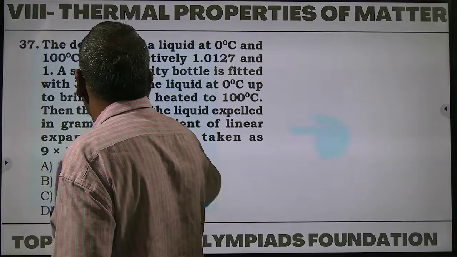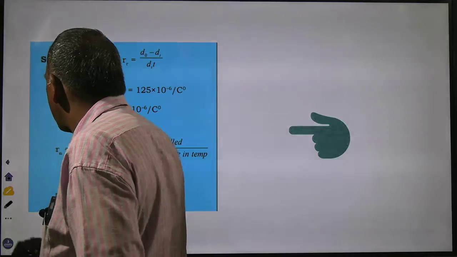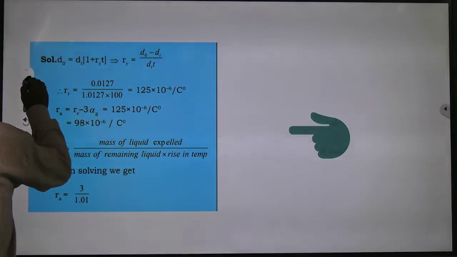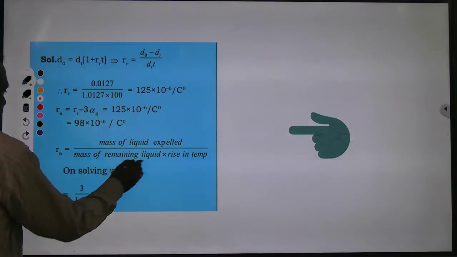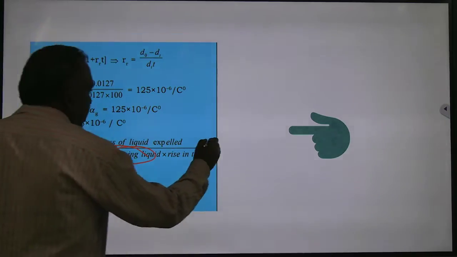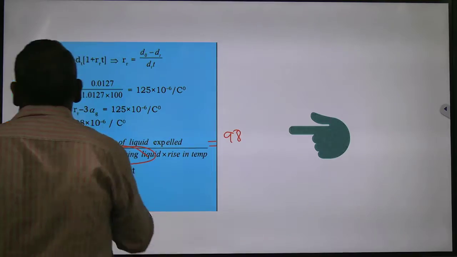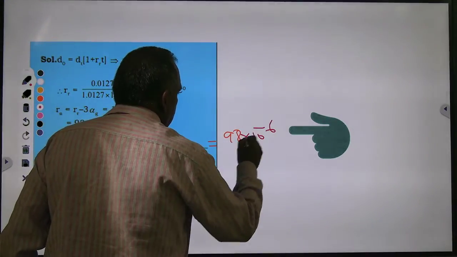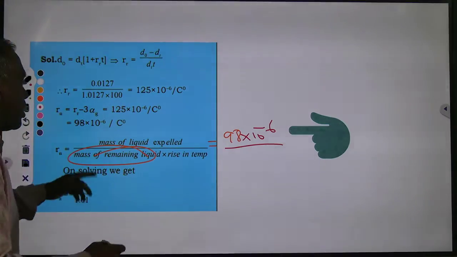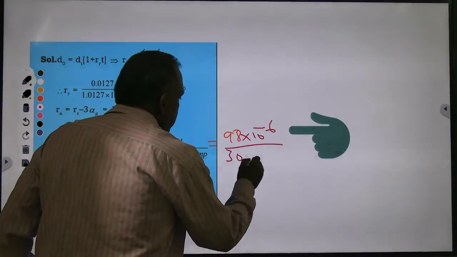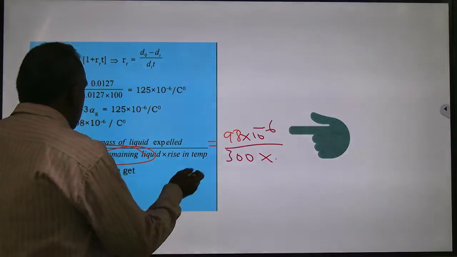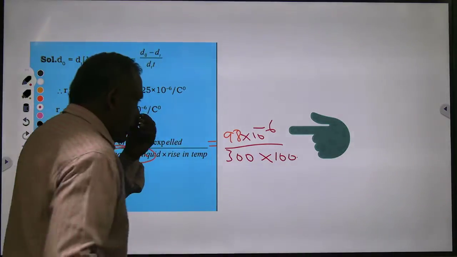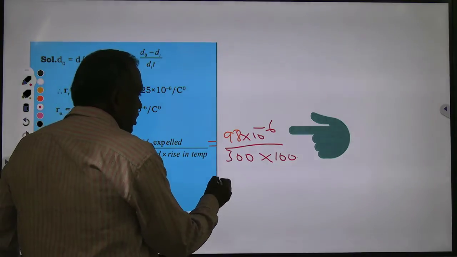So that 300 value should be taken here. If you take 300 for this, it is 98 into 10 power minus 6 upon 300 into change in temperature, which is 100 degrees.